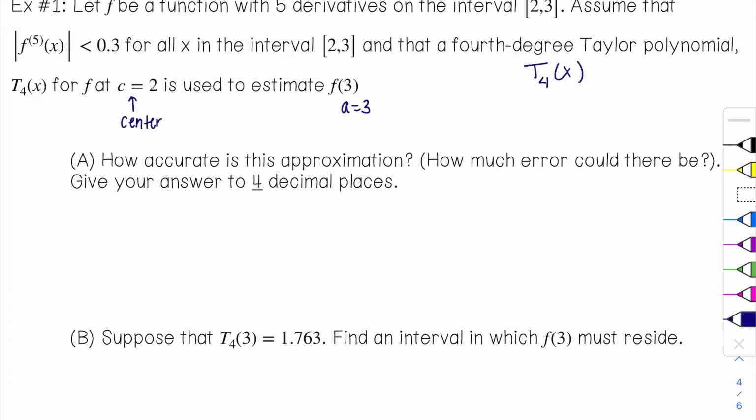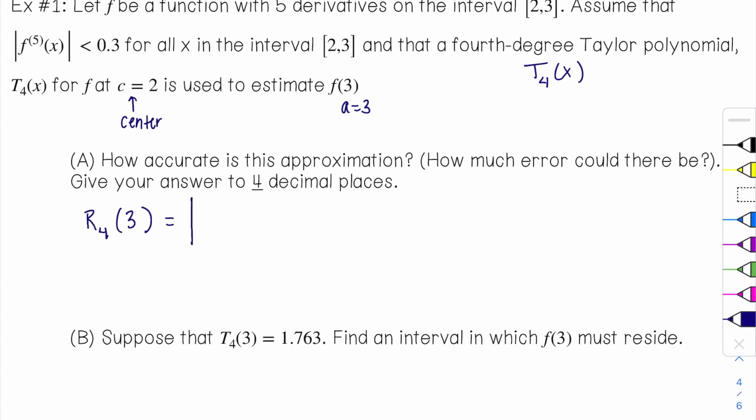So our error: we're using a fourth degree Taylor polynomial, so r sub 4 of a, so that's 3, has to be less than, actually, we'll set it up this way first.